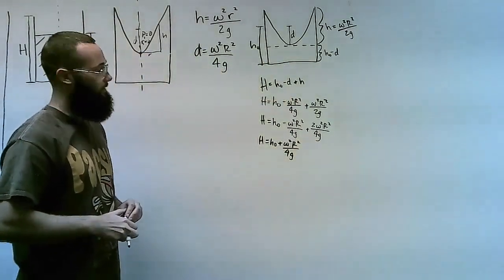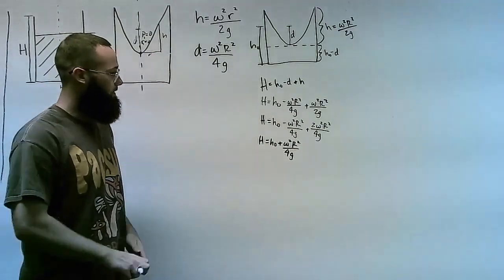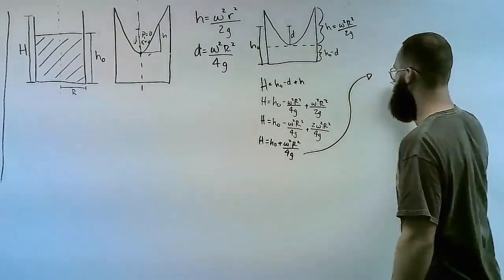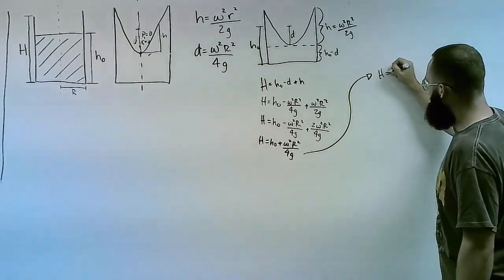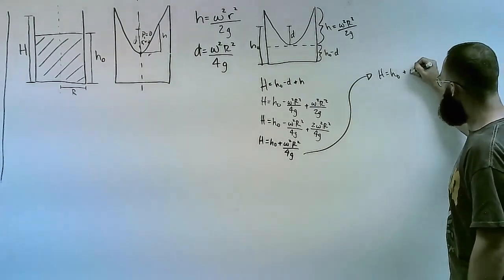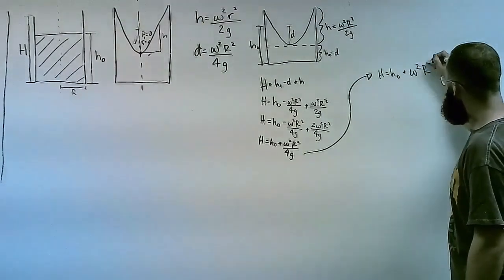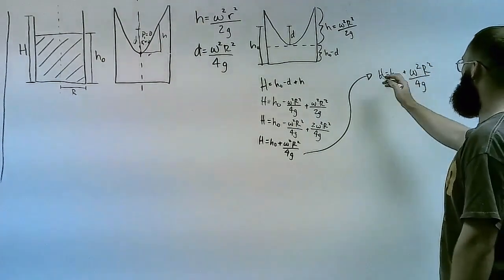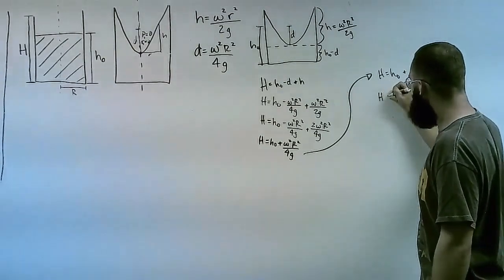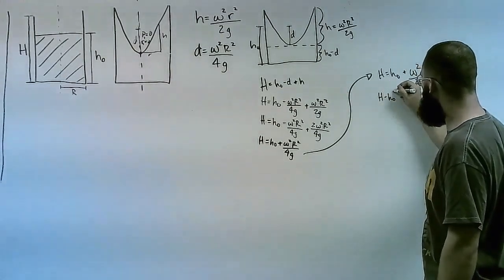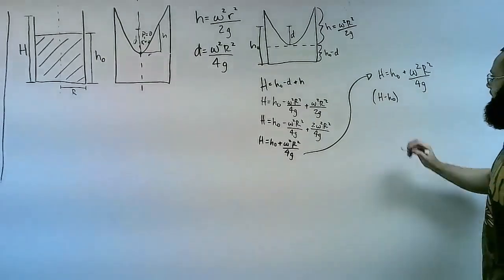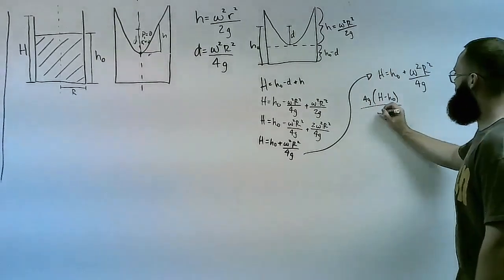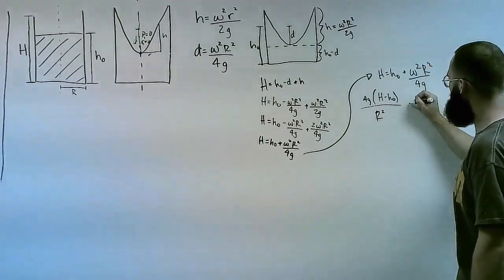From here, all we have to do is solve for omega, and then we're done. I'm going to bring this out to the side here and rewrite it. We'll subtract h naught to the other side, h minus h naught. Then we need to multiply by 4g, and divide by R squared.